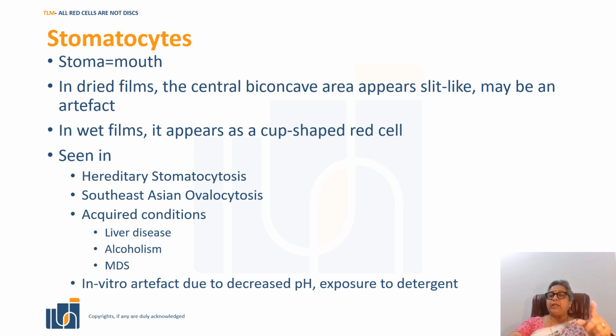In wet films, it appears as a cup-shaped cell. Now, where do you see stomatocytes? Hereditary stomatocytosis, Southeast Asian ovalocytosis, and in acquired conditions like liver disease, alcoholism, and MDS. Also as an in vitro artifact due to a decreased pH or an exposure to a detergent.